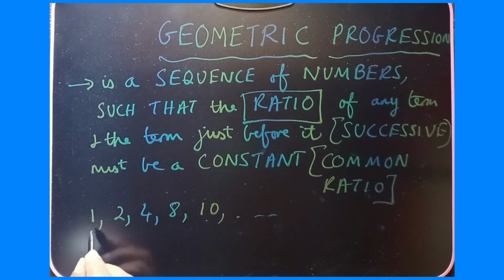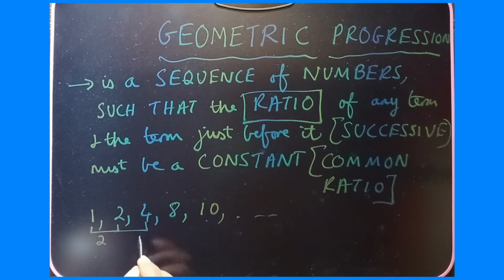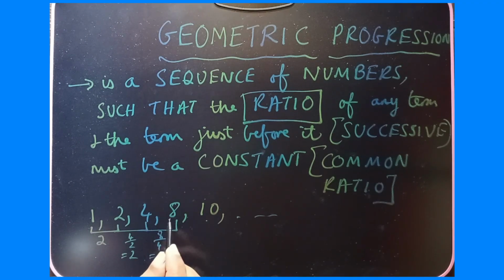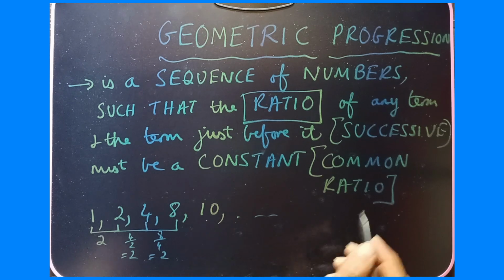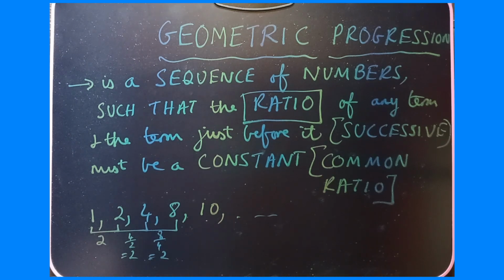Let us pick this 2. 2 divided by 1 is 2. 4 divided by 2 is also 2. 8 divided by 4 is also 2. So the ratio of successive terms has to be a constant, and that constant is called the common ratio.